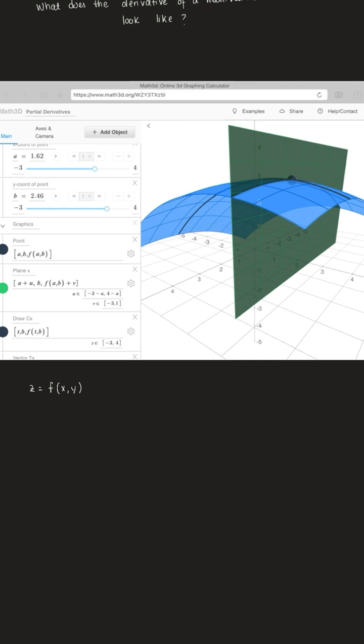So for now, this will change in a little bit, but for now, we will restrict derivatives to be specifically along the x direction or along the y direction. I'll clarify what that means. So slopes of tangent lines along the x and y directions only.